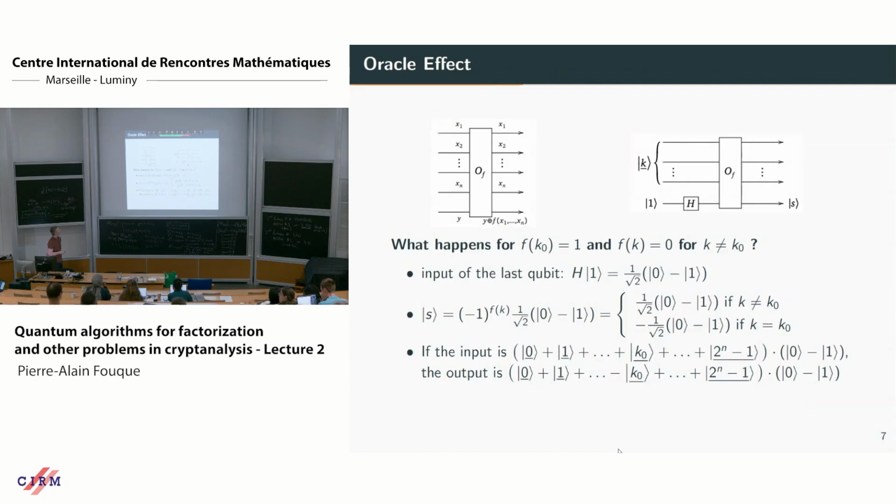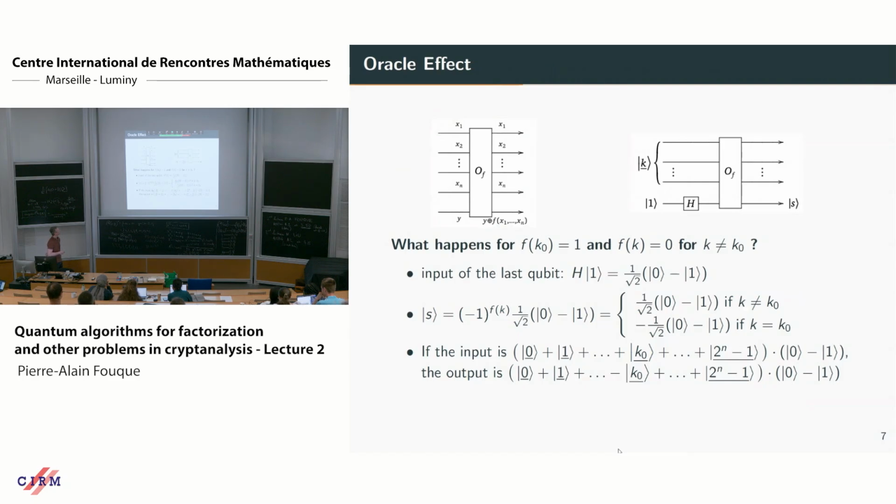So the state here, in fact, is this one. And according to this value, I just have to look at what is the output here. And the output here, in fact S, is equal to this value. So if k is equal to k0, here I will have minus this value, and if k is different from k0, I will have a plus here.